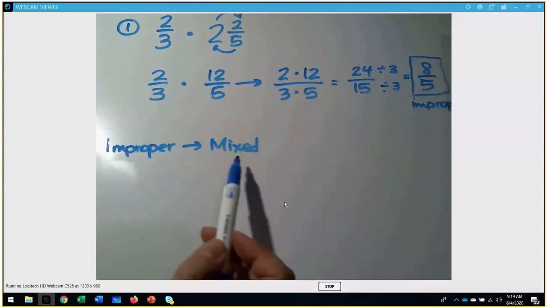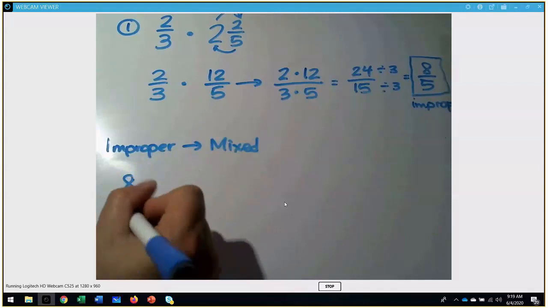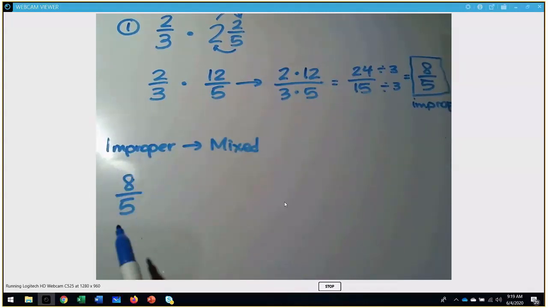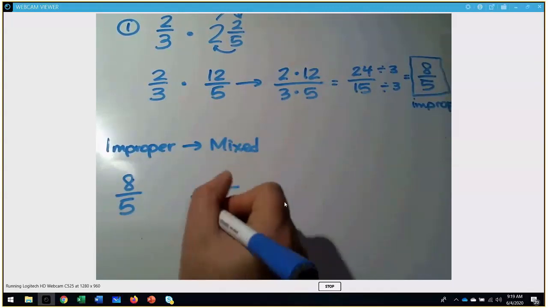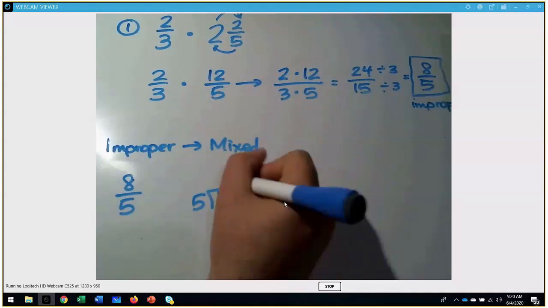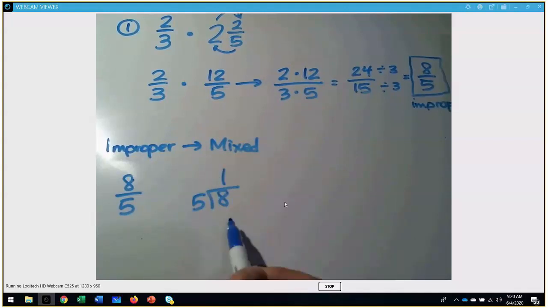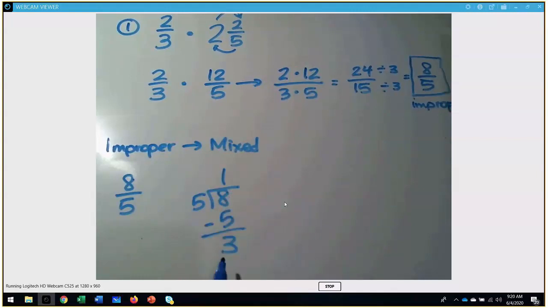I want to go from an improper fraction to a mixed number, like this. I'm still going to divide it, just like I would if I were changing it to decimal form. My numerator goes on the inside, denominator goes on the out, then 5 goes into 8 one time. 1 times 5 is 5. Subtract, I get 3 left over. And what we just kind of finished talking about was you add your decimal, you add some zeros, you start bringing it down. That'll go to decimal form.